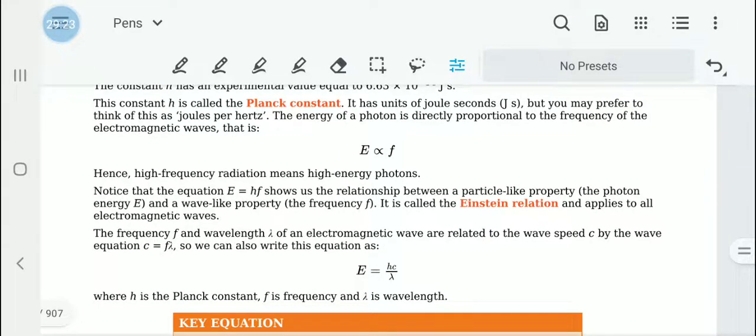As a result, we can understand that energy is directly proportional to the frequency.